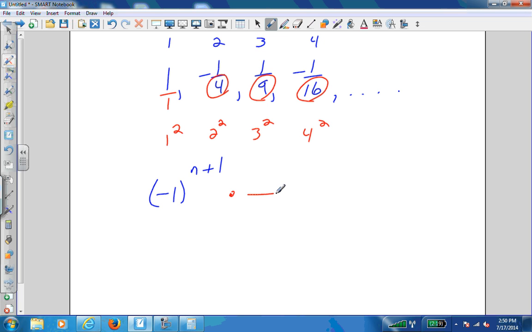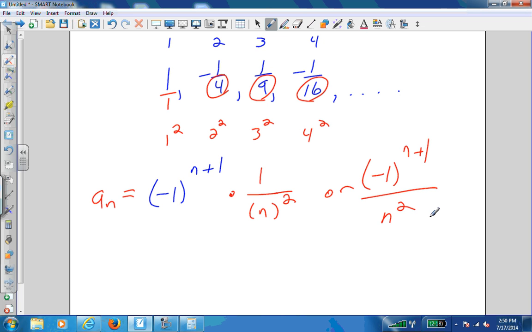So the numerator is 1. The denominator is our term, or our n squared. So a sub n is given by this, or you could call that -1 to the n plus 1 over n squared.